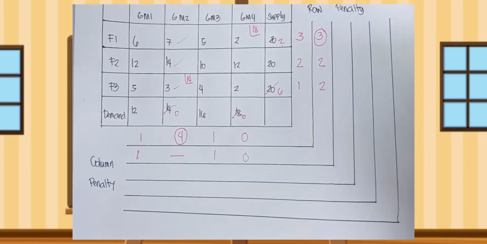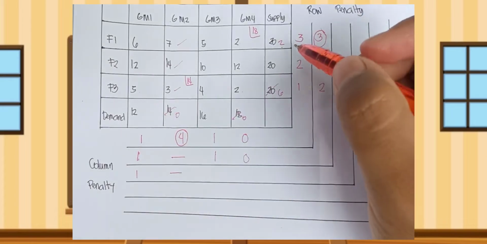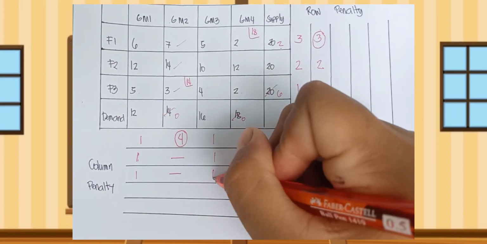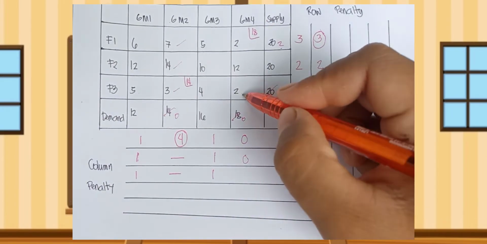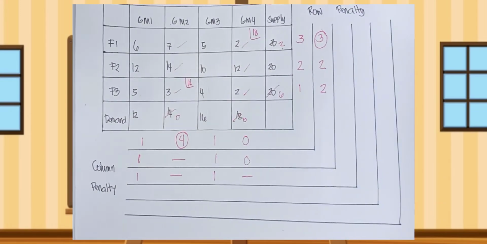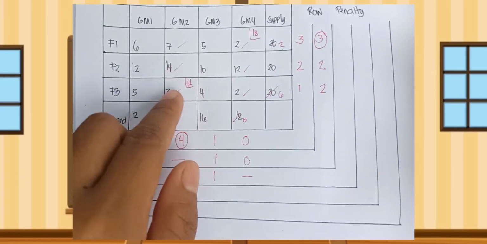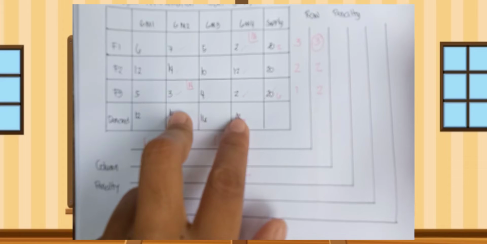Then do it again. So we have 1, then it's satisfied. And then 1. So this column is 0, which means it is satisfied. So hyphen. And then in this row, we have 2 satisfied columns.